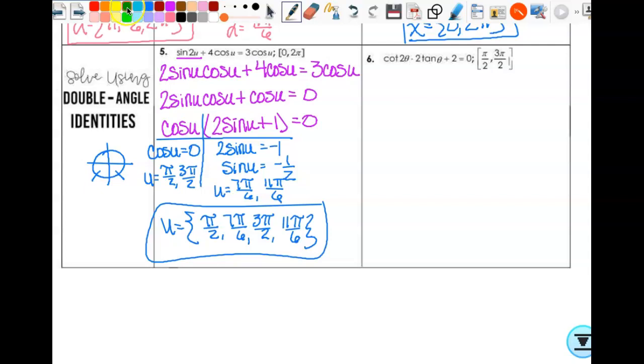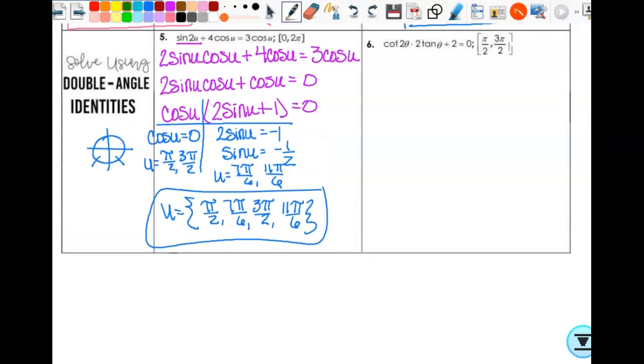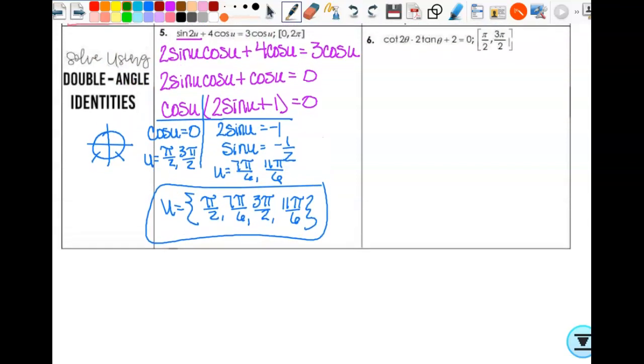On number 6, I've got cotangent of 2 theta times 2 tangent theta plus 2 equals 0. So when you look at your double angles, do you see a cotangent of 2 theta? No, I don't see one.